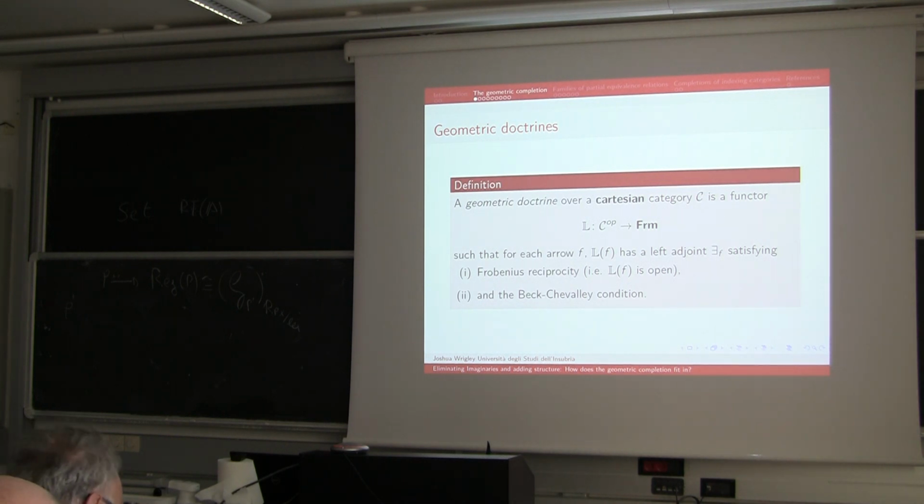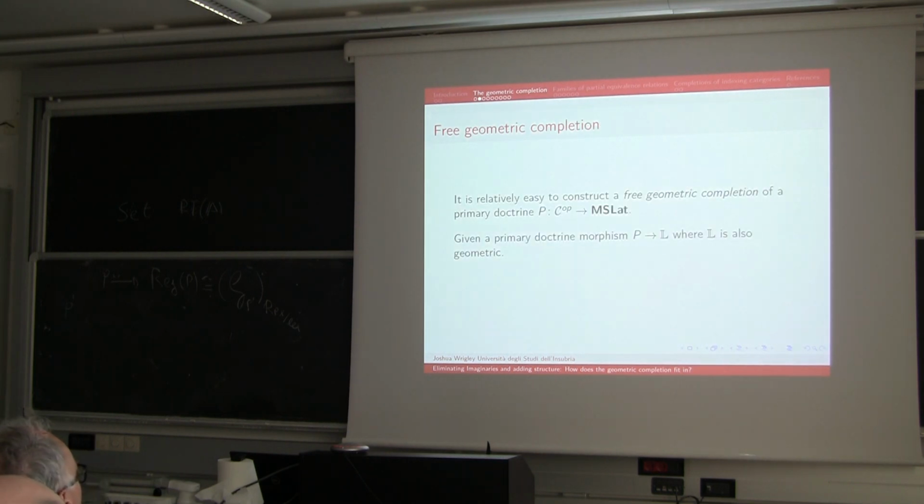For this presentation, when I say primary, I mean full primary, and when I say existential, I mean full existential. Yes, all finite limits. With the stuff we've already seen so far today, it's quite easy to construct what I would call the free geometric completion.